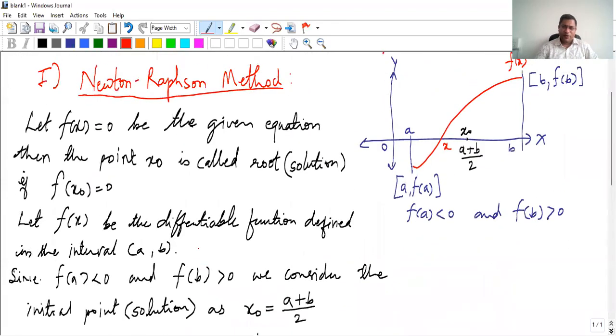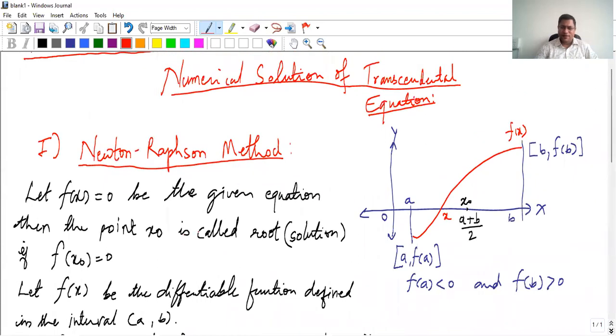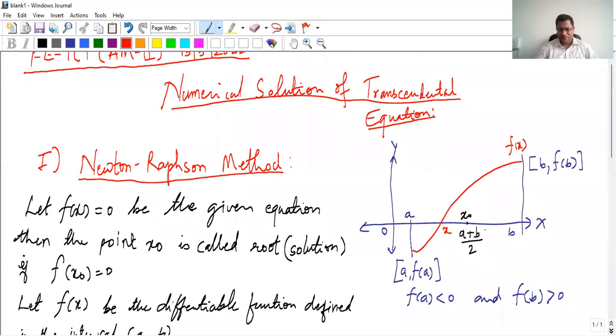Okay, so as we saw in this graph, we want a root or initial point closer to the root.